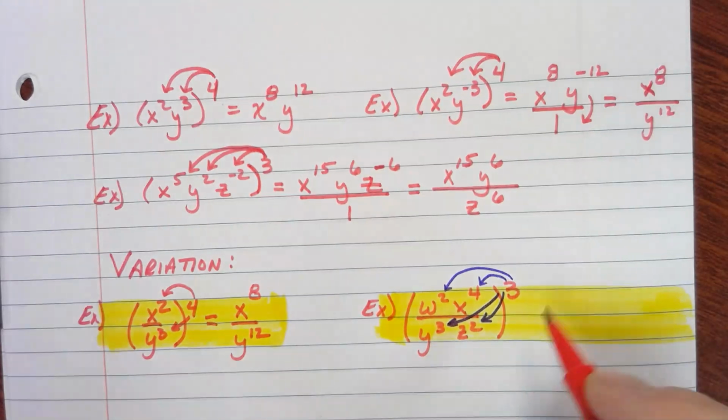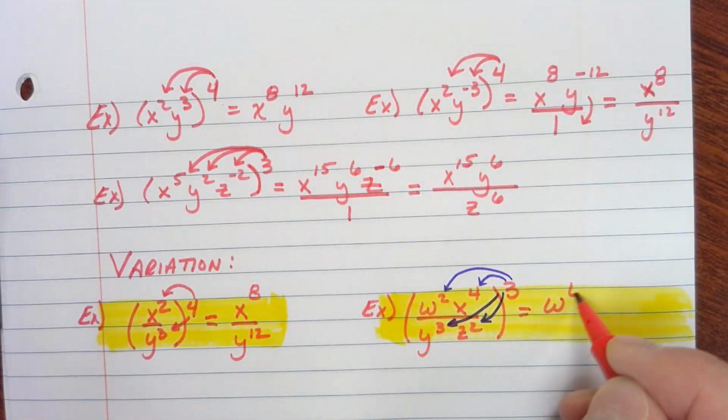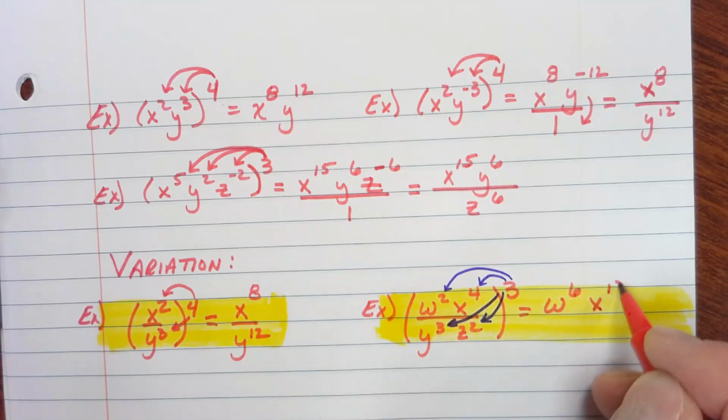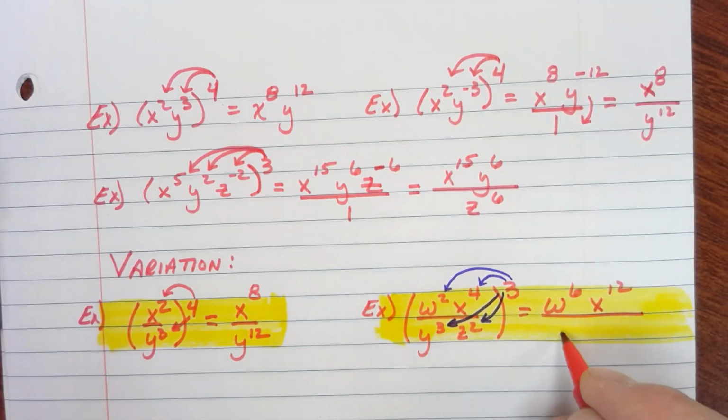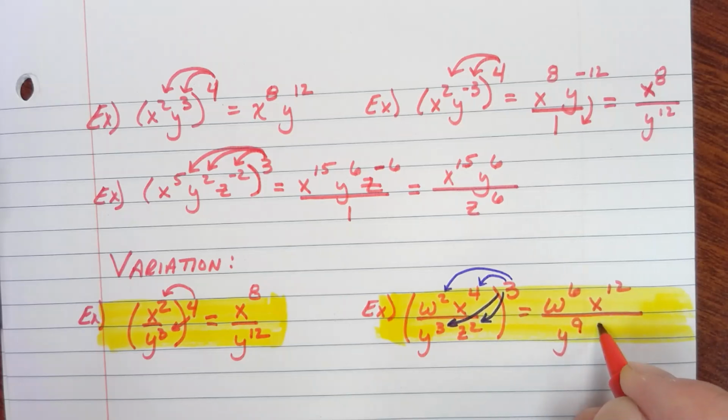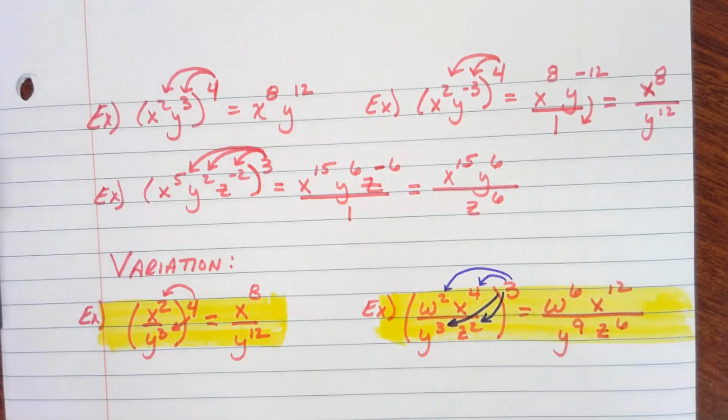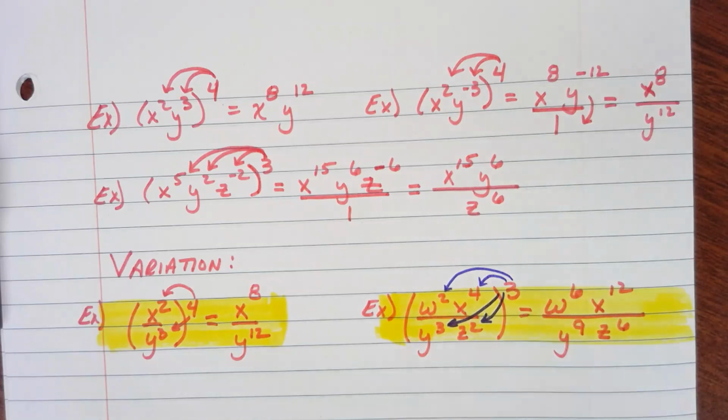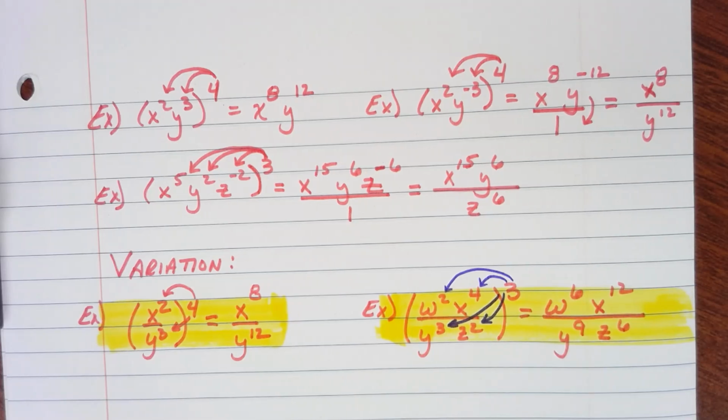And it's going to give me w to the 6th, x to the 12th, y to the 9th, z to the 6th, because I can multiply. Okay? Does that cause anybody to pause there? Everybody good? You follow the train of thought that I'm going with, right?